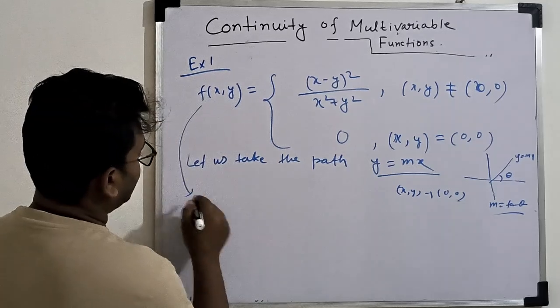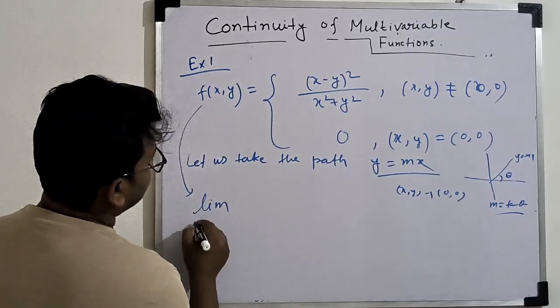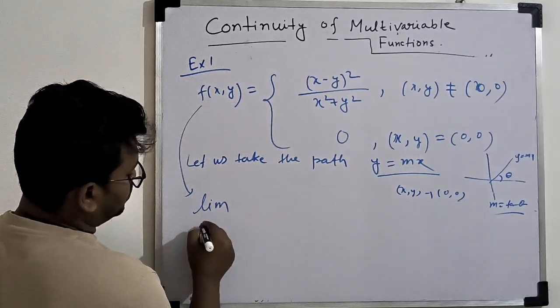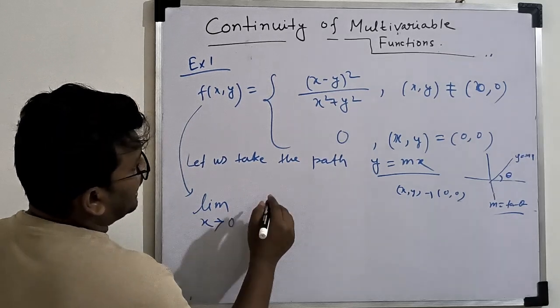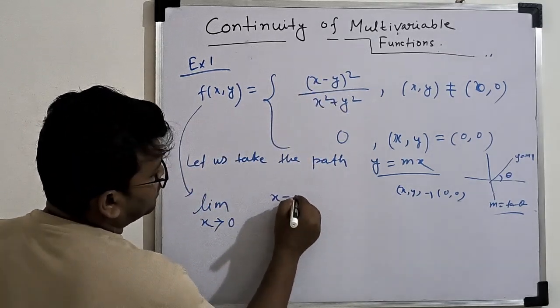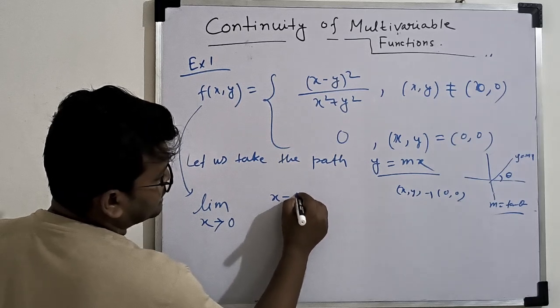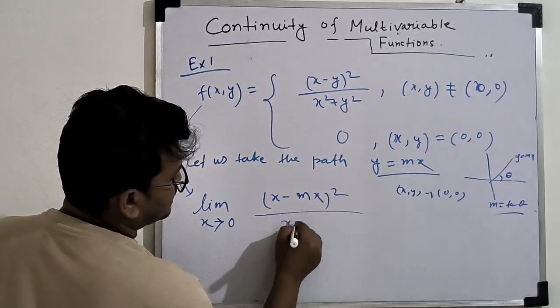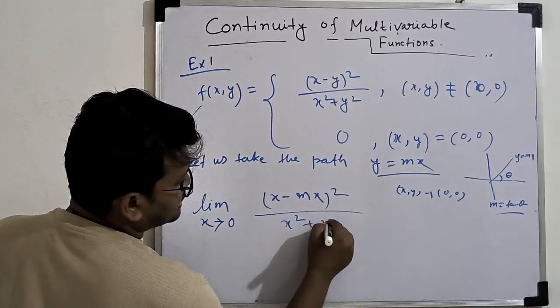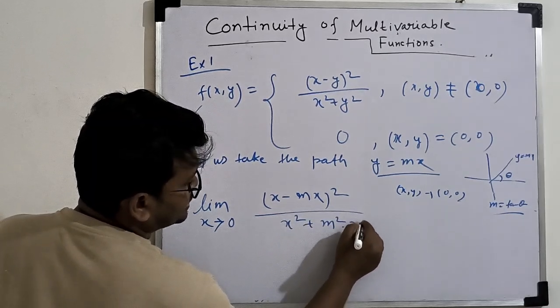Now we put it here and find that the limit as xy goes to 0, 0 becomes x tends to 0 of x minus y, that is x minus mx whole square, divided by x square plus m square into x square.